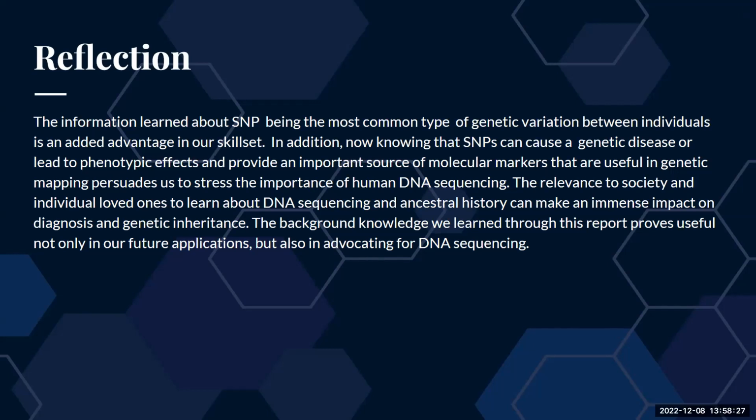The relevance to society and individual loved ones to learn about DNA sequencing and ancestral history can make an immense impact on the diagnosis and the genetic inheritance of how we can treat prostate cancer. The background knowledge we learned through this report proves useful not only in our future applications, but also in advocating for DNA sequencing. I'd like to thank you all for listening to our presentation today on prostate cancer.